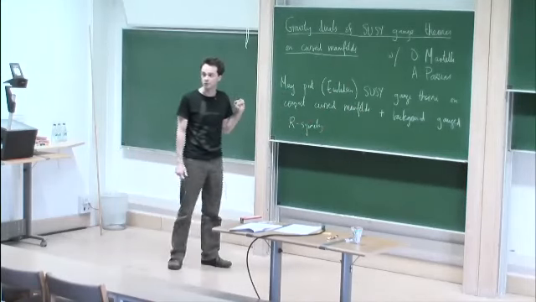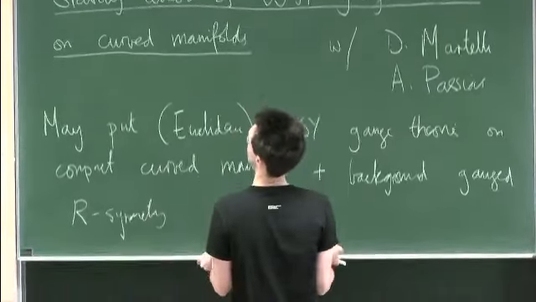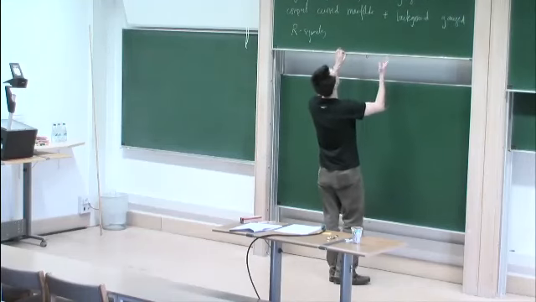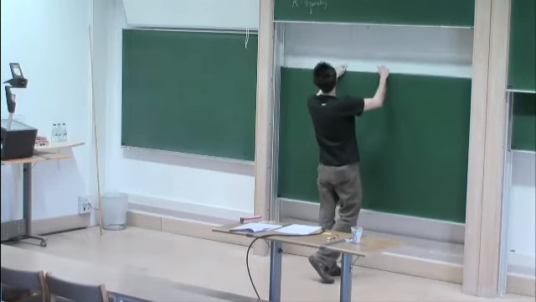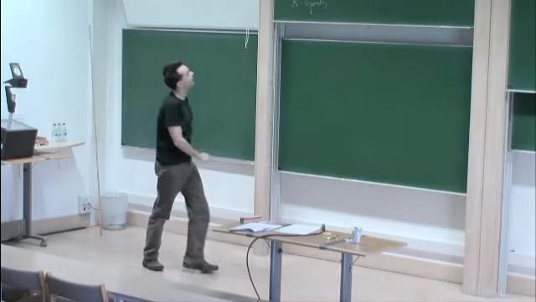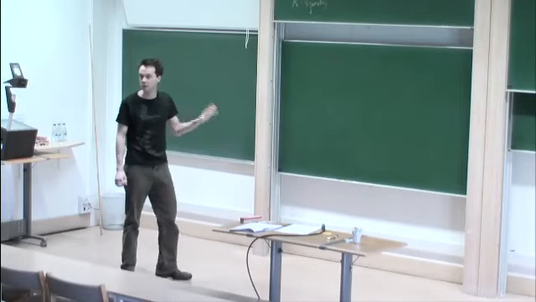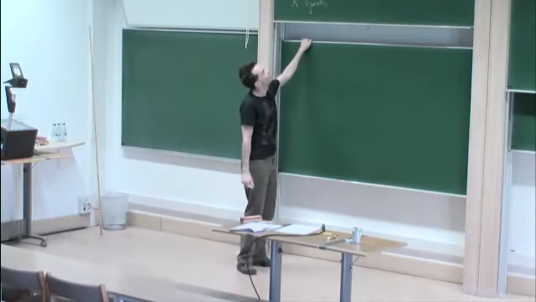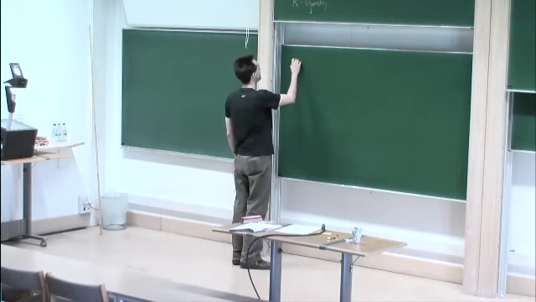That's important in order to find supersymmetric gauge theories in this case. Anyway, in principle, you can do this in different dimensions, but I will focus on dimension 3 because that's the only case where there are published results on this.